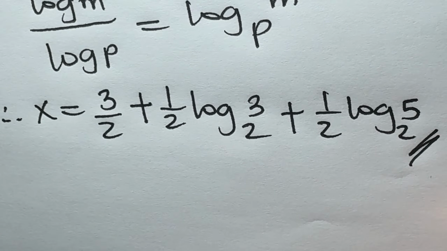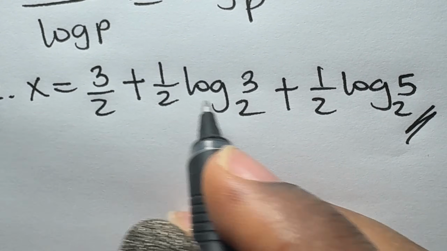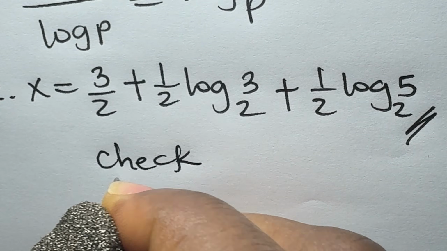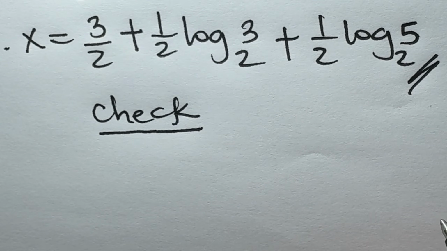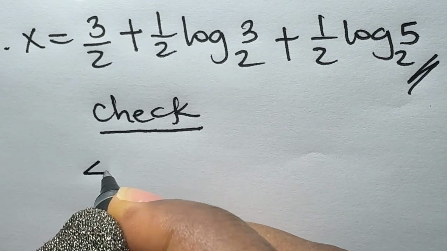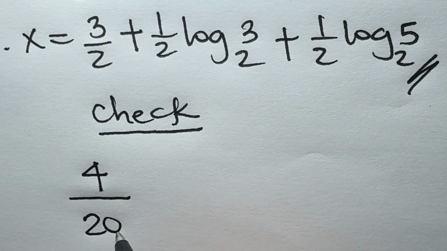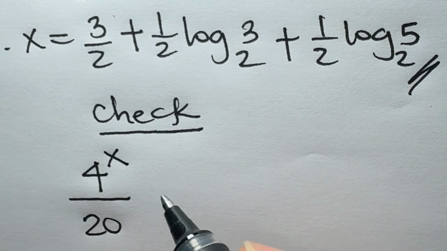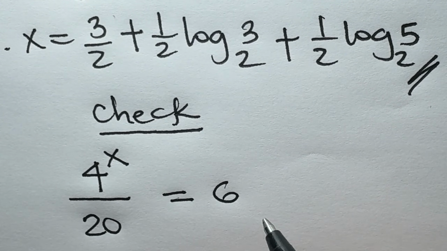Now let us do a quick check to confirm that this is correct. I'm going to put all of this in the original equation, which was 4 raised to power x divided by 20 is equal to 6.